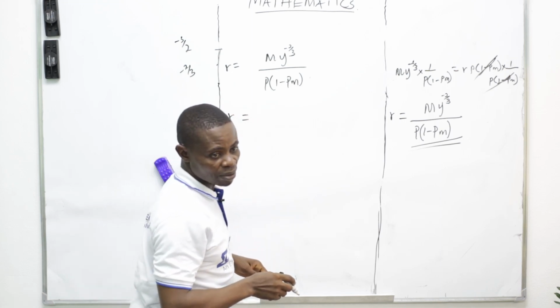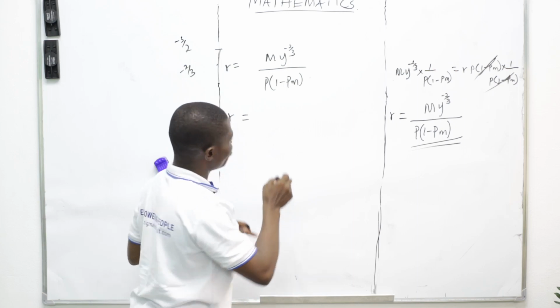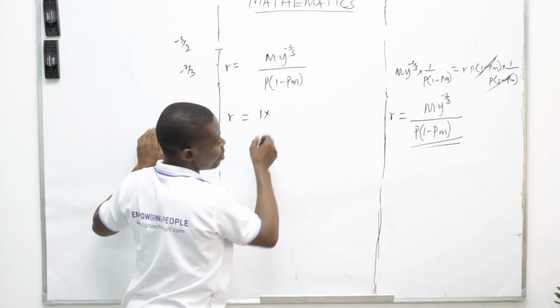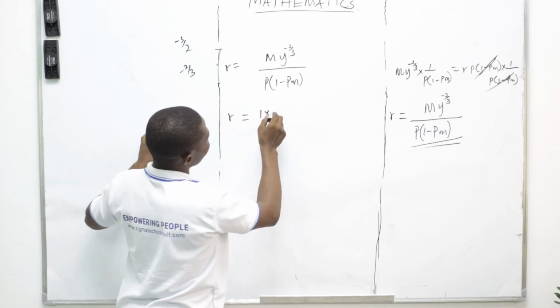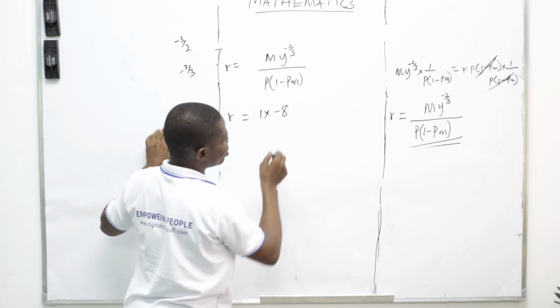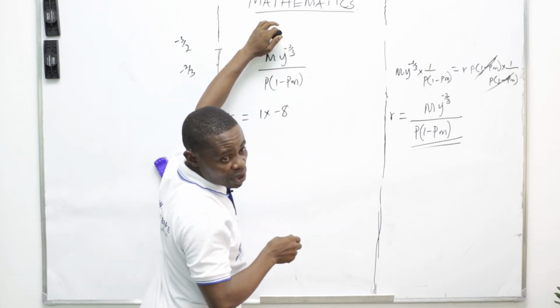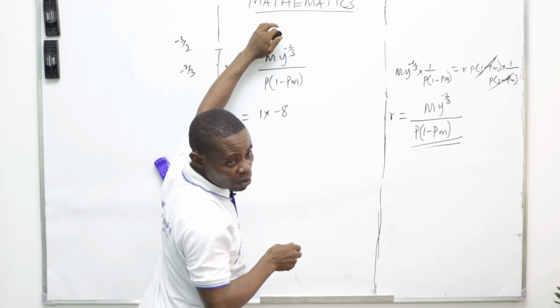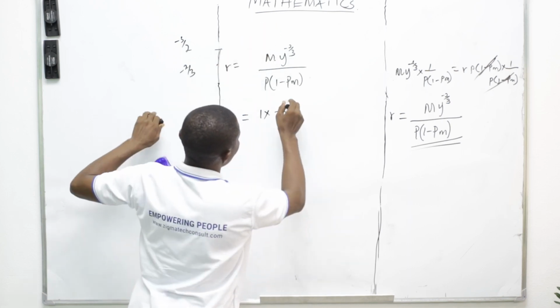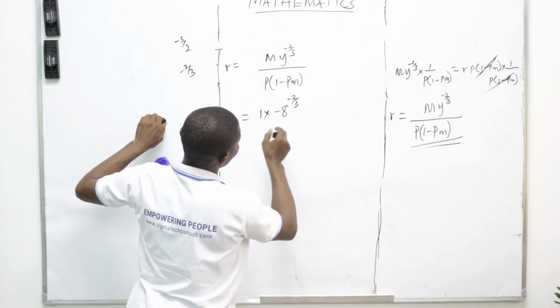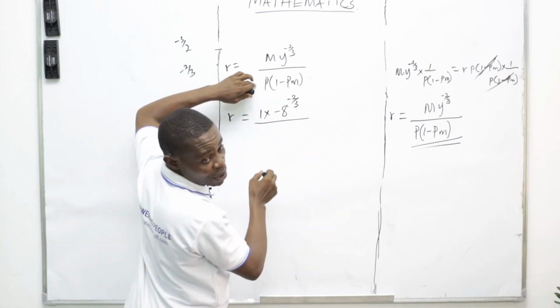So r now equals m. What is m? 1, multiplied by y. What is y? Minus 8, but recall that it was raised to the power minus 2 over 3, all over p.